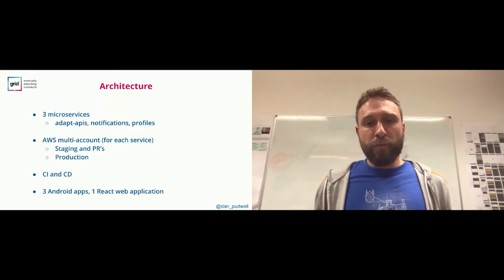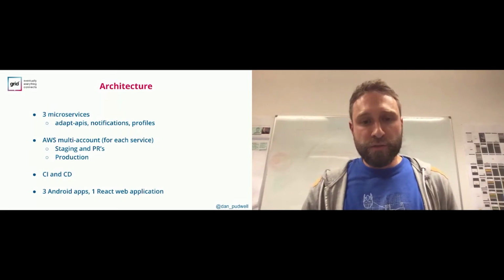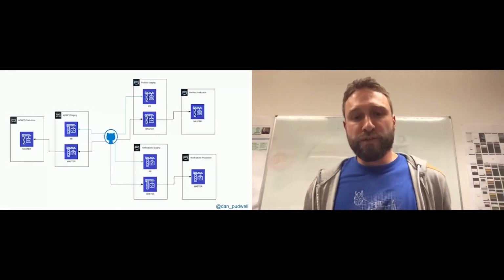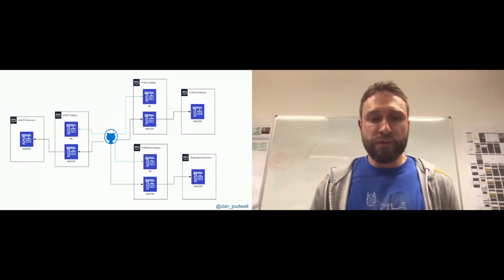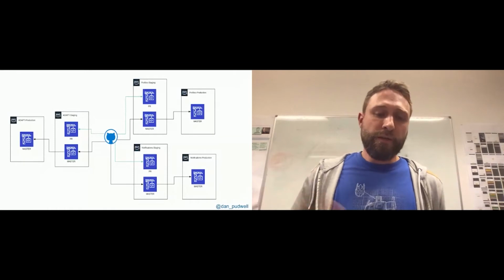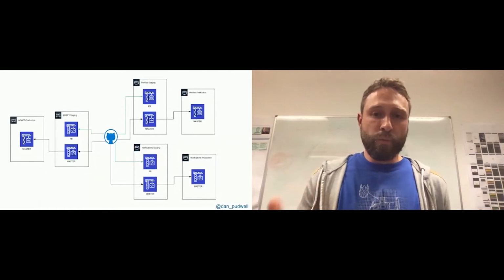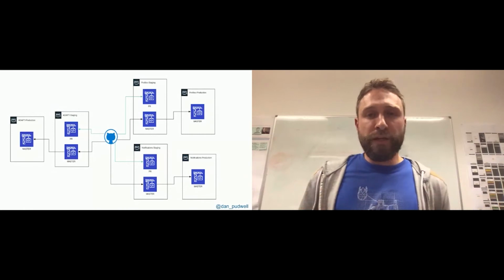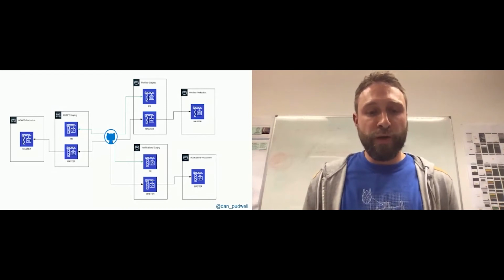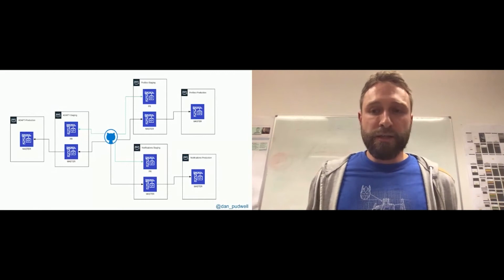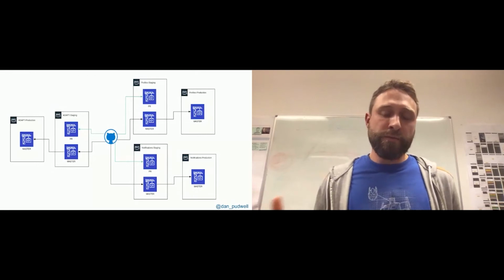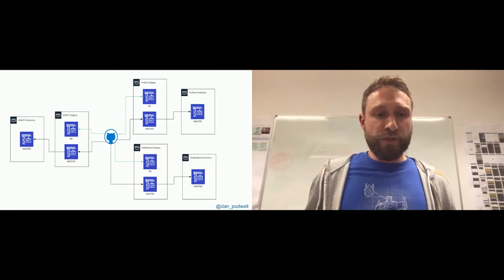This is what it looked like from an account point of view. So each of those is a different account. You can see the code in GitHub in the middle, going out to each service as and when it needed to be built. So when a pull request was created in GitHub, that went to a build project in whichever staging account it was in, built a full clone of that service in that pull request environment, did all the necessary tests, and then came to the end of the build where somebody would peer review it and then get merged into master, which would then push it out straight to production.